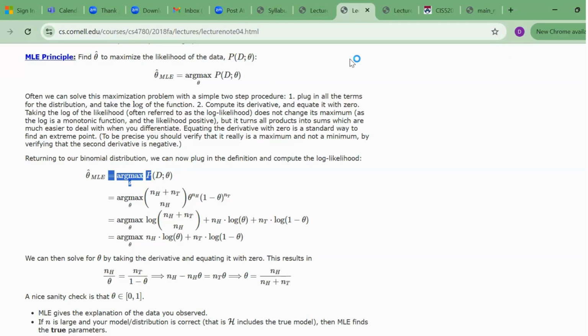No, right? So theta will try to get to that value which will maximize the likelihood of my data. Whatever is observed, it will try to fit that. If it has observed 5 heads in 10 coin tosses, then it will be close to 0.5, right? So we are trying to maximize that likelihood.